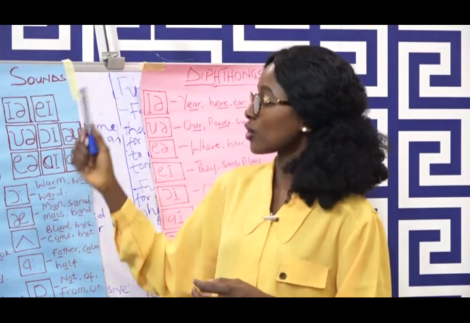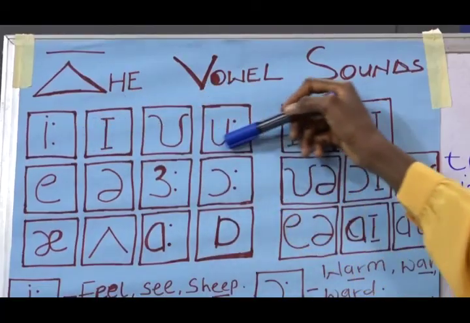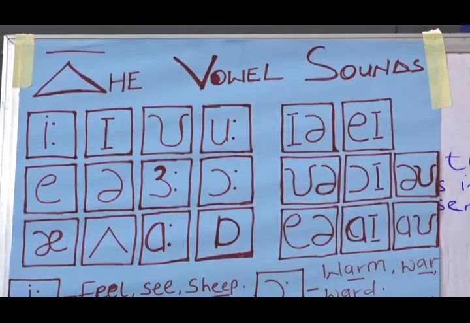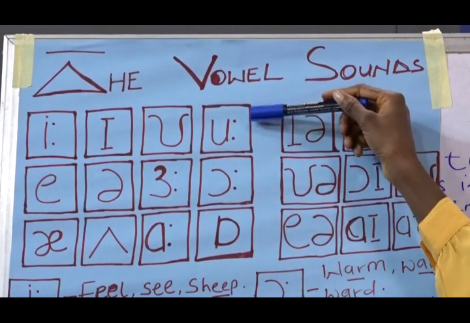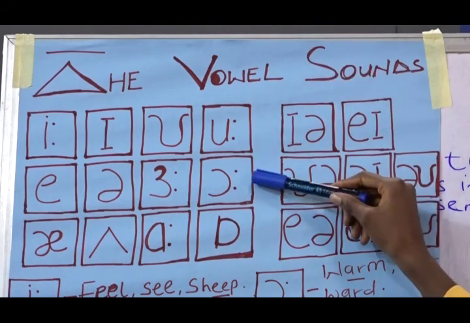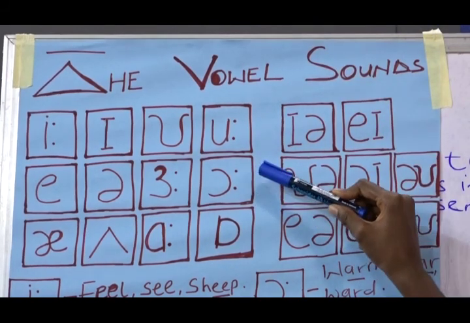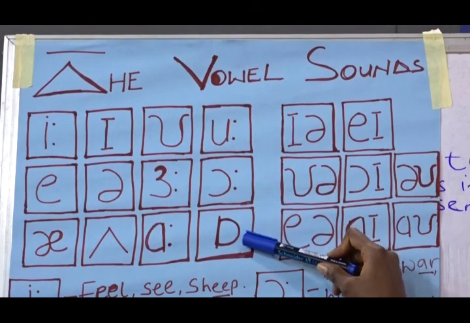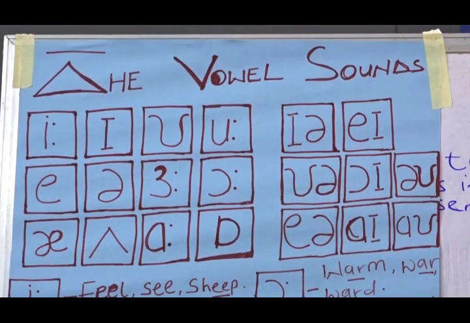Ooh. So when you're thinking about vowels, you look at them this way to make it easier for you. The sounds here, the mouth is somewhat closed. For the sounds here, the mouth is a little bit open. And for the sounds here, it's wide open.